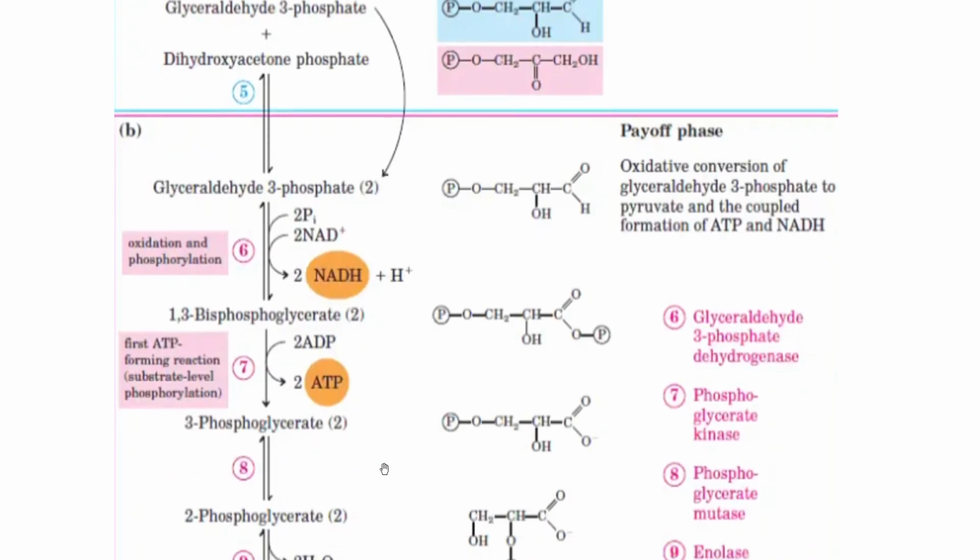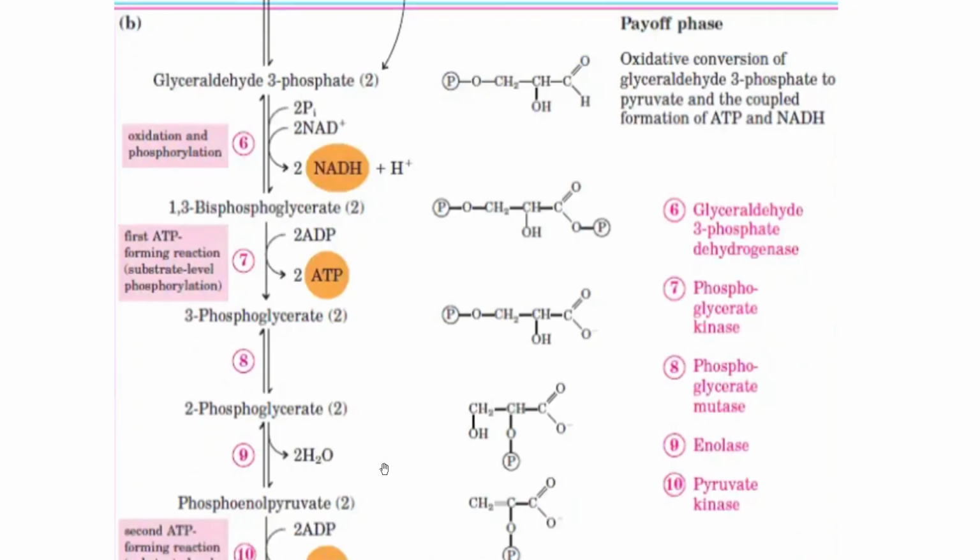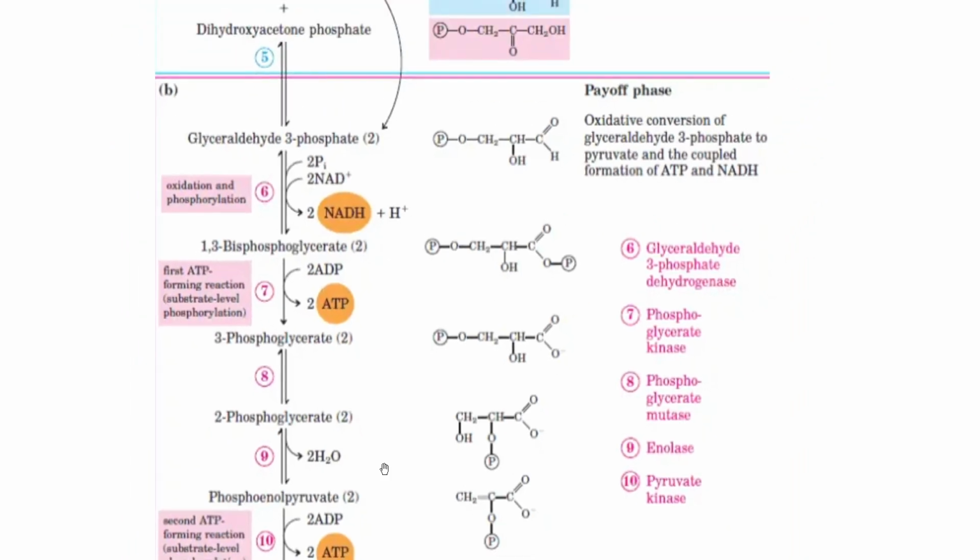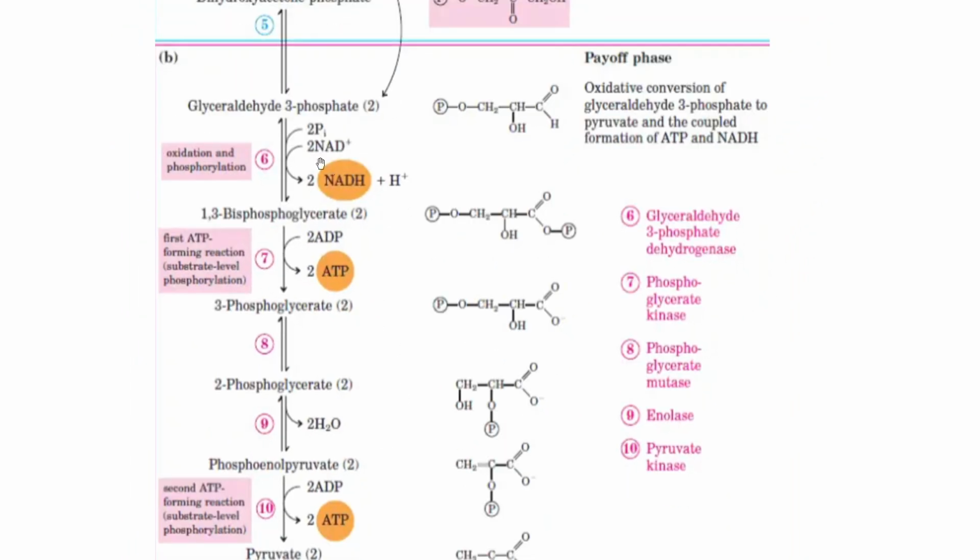Now the 3 carbon moieties enter the payoff phase. Suppose glyceraldehyde 3 phosphate enters the payoff phase, where oxidative conversion of glyceraldehyde 3 phosphate to pyruvate takes place, and this is also coupled with the formation of ATP and NADH.